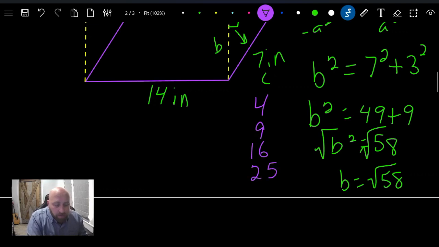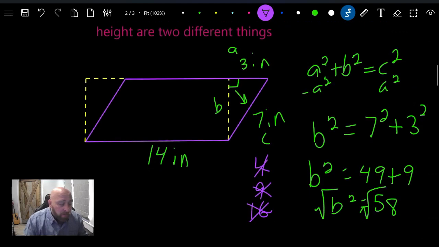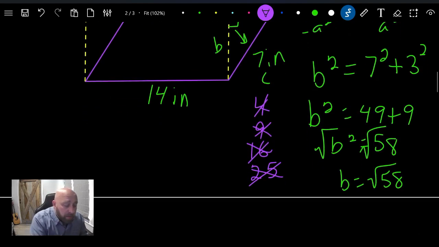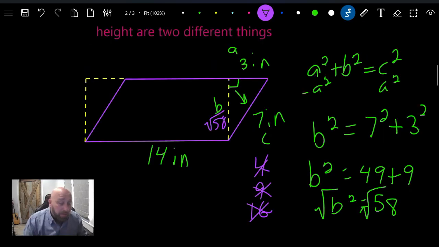So you're going to say, does 25 go into 58? The answer would be no. Does 16 go into 58? I don't think so. So no. Does 4 go into 58? Actually, it does not. So we can't reduce that one out. So the answer would actually be the square root of 58 is going to be our height.